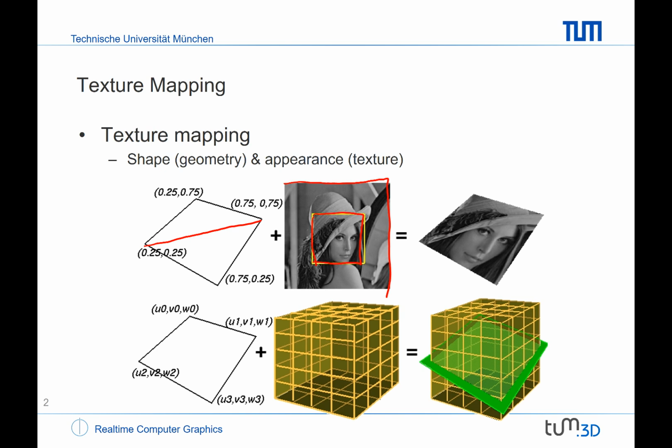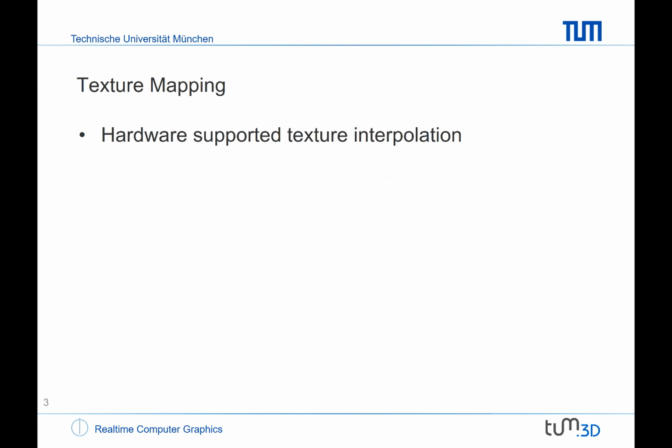And we have also looked at how the texture mapping process is realized. In particular, what we need to understand here is the so-called texture interpolation stage. That is a stage in the rasterization-based graphics pipeline, which on current graphics cards is supported in hardware.